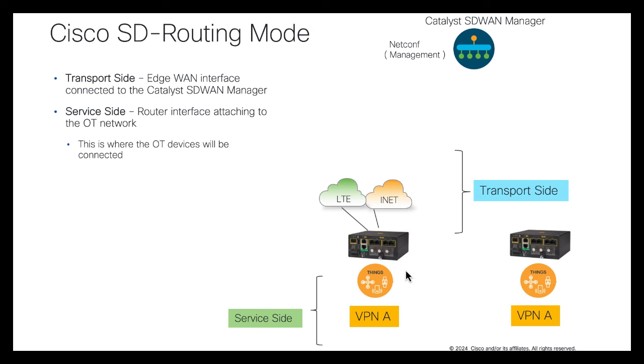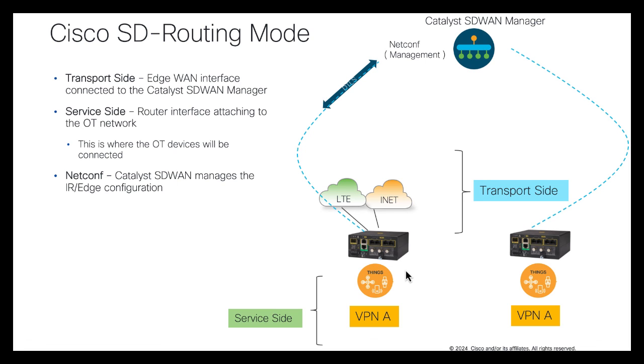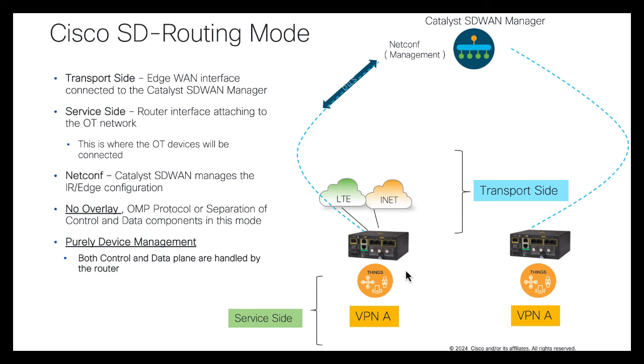We can also segment and provide secure segmentation for specific types of traffic here. And as I mentioned before, we manage all of this directly through the SD-WAN manager through a secure DTLS connection using a NETCONF management paradigm.